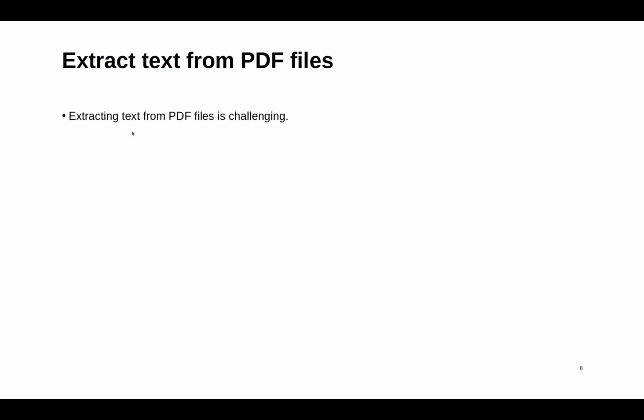Extracting text from PDFs can be challenging because they might be scanned, have complex layouts, or contain text in different orientations. We also need to deal with images, tables, and other elements that can be present in these types of documents.